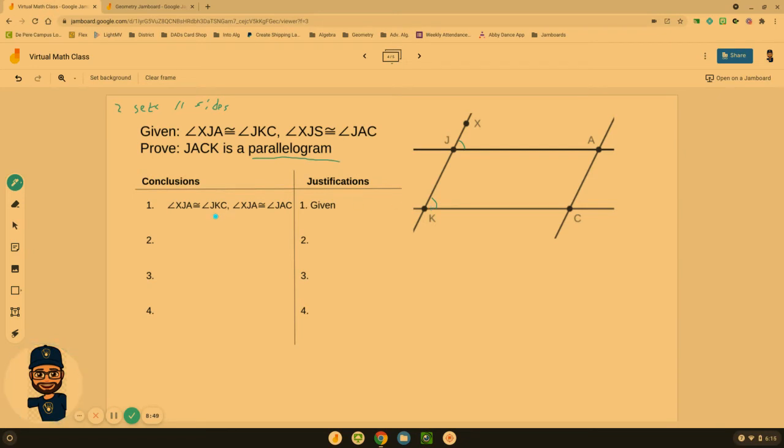That's given. And then I'm going to do this other one in red. XJS? There is no S. To JAC.